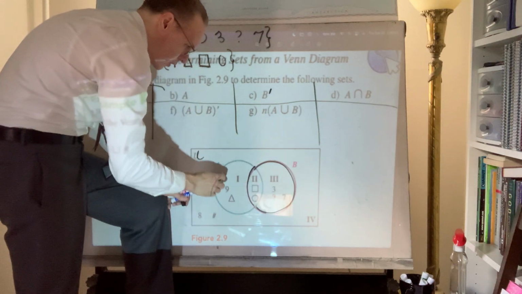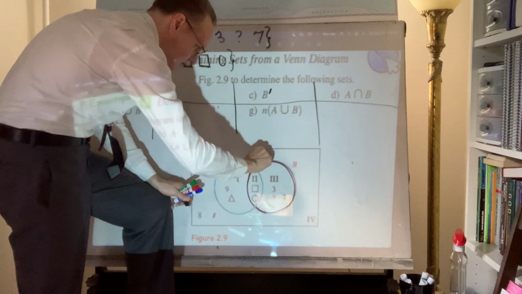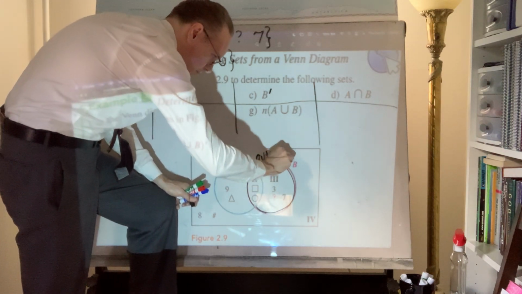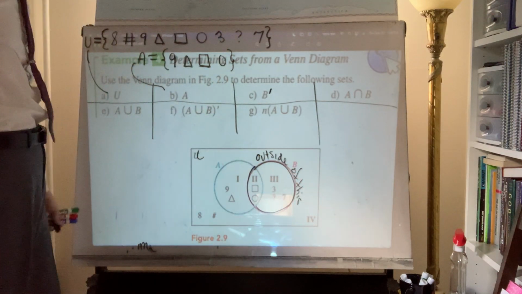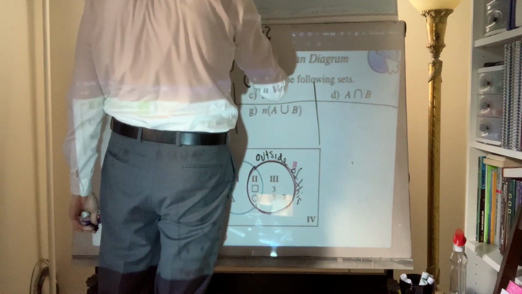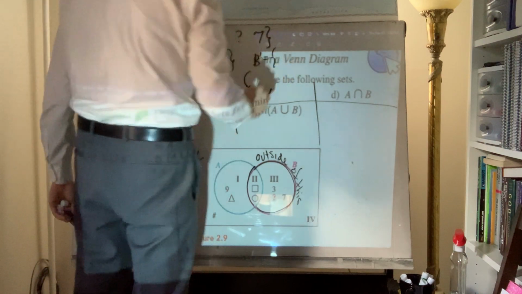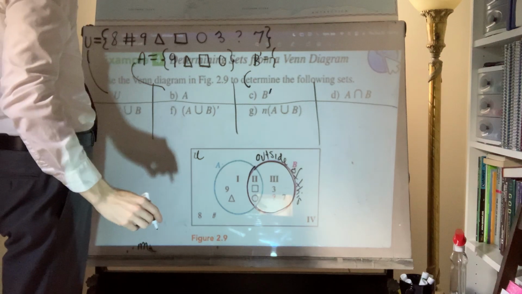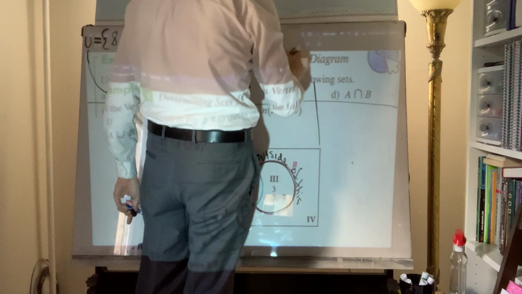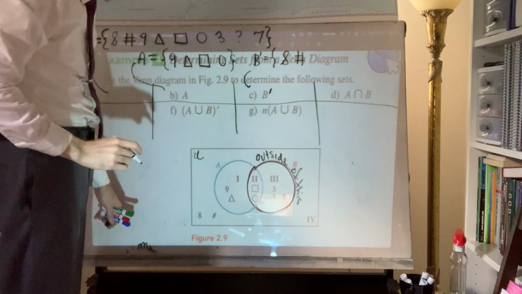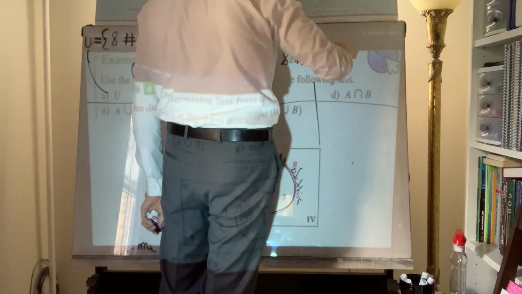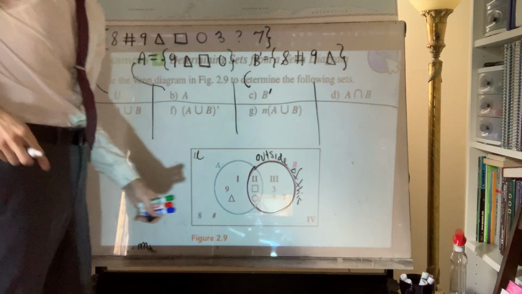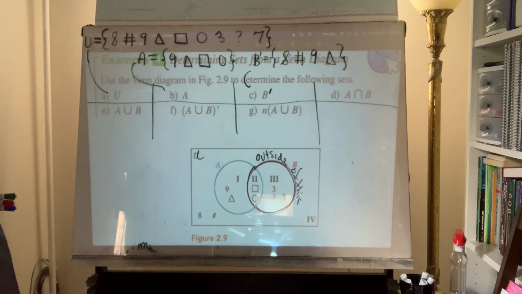We want everything that is outside of this. Rather than scribble, I'm just going to refer to the outside of it. So, what is B prime? 8, hashtag, 9, triangle. So not too much. Hopefully that's visible.